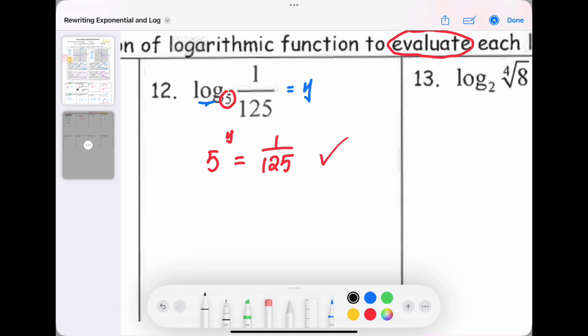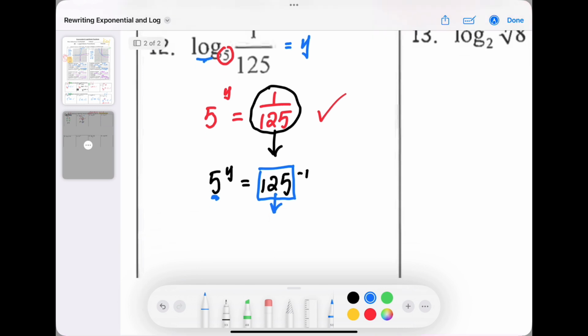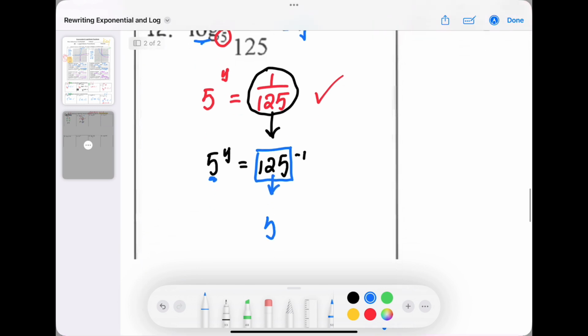Check, switch. Now, you do know that Ms. O does not like a fraction. So I can rewrite this as 125 to the negative 1 power. All about the base. Because my base is 5, I'm going to rewrite 125 with base 5. So 5 to what power is equal to 125? That will be power 3.